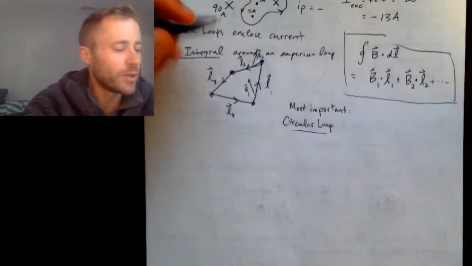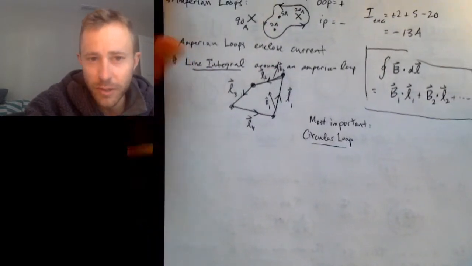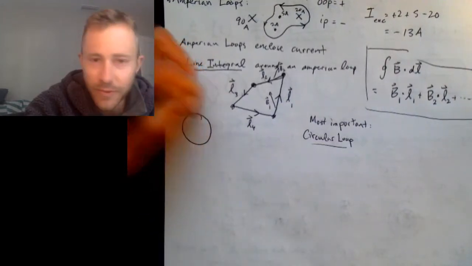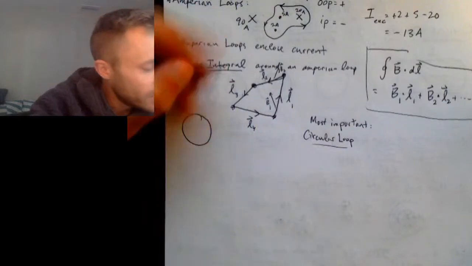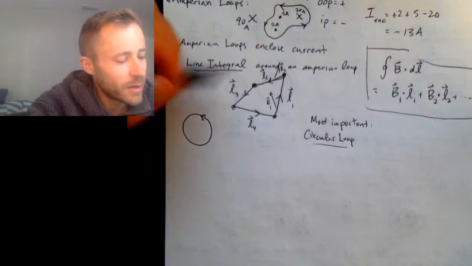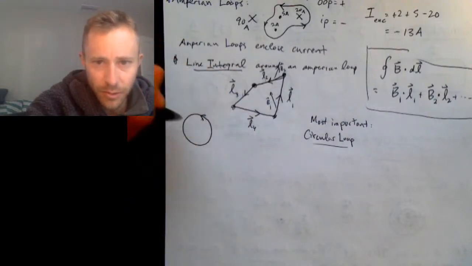Okay, so we could think about a circular loop much like we thought of a sphere as a single face that is curved. We're going to think about a circular loop as a single line segment that is curved.